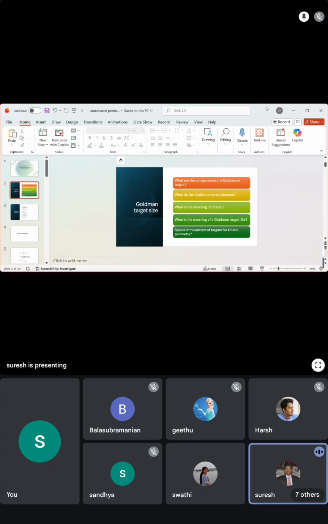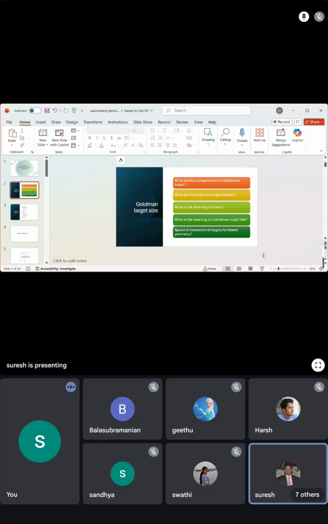But in a Humphrey test they put Roman letter 1, Roman letter 2, right? So if you are looking at a Goldmann target, what parameters are written? A Roman letter, an Arabic numeral, and a small letter. Yes. Can you tell me the meaning of all those things?